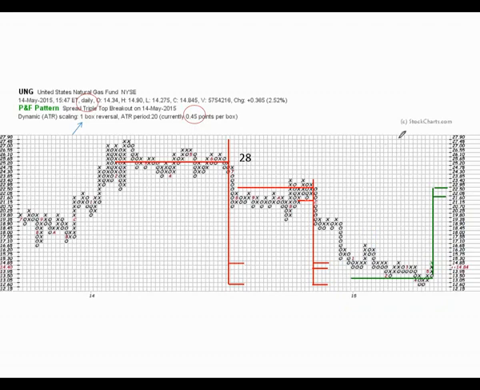However you set up the scaling on a 1-box or 3-box reversal, it's going to automatically adjust itself and give you the proper number of columns. So don't worry about that.